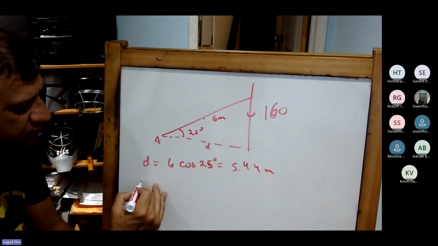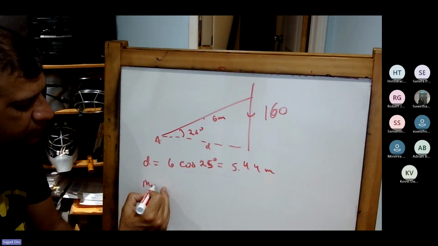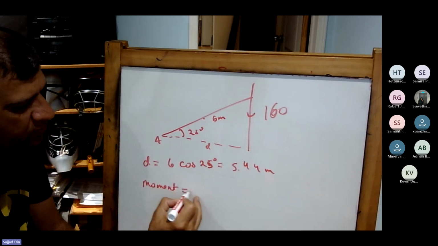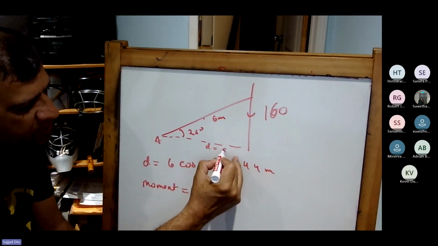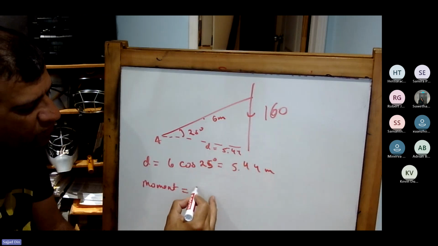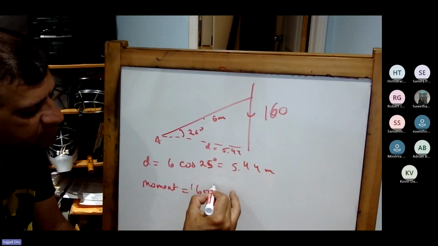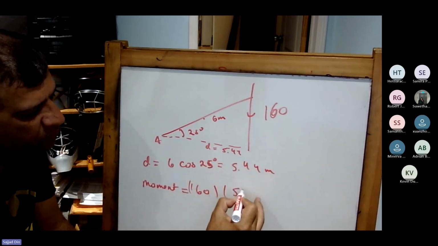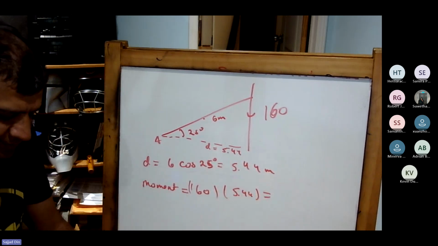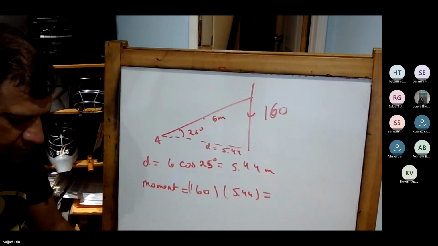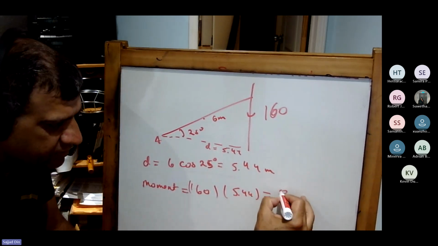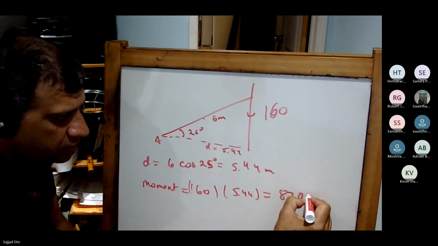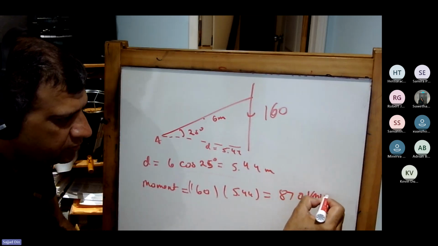So the moment due to this is going to be equal to, because this is the perpendicular distance, 5.44, 160 times 5.44, which is 870 kilonewton meters.